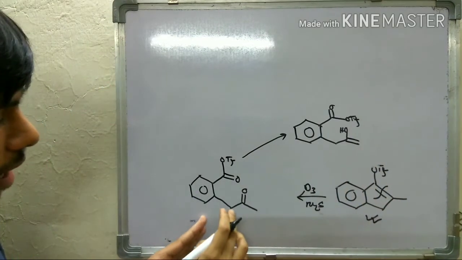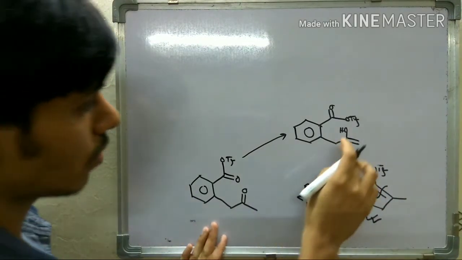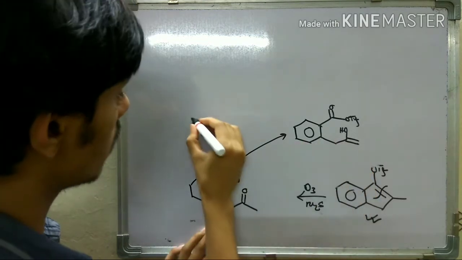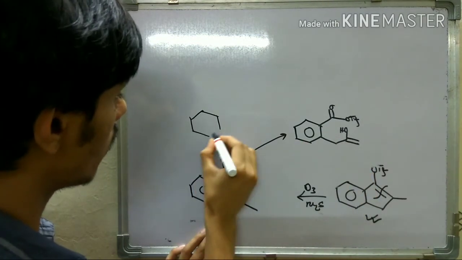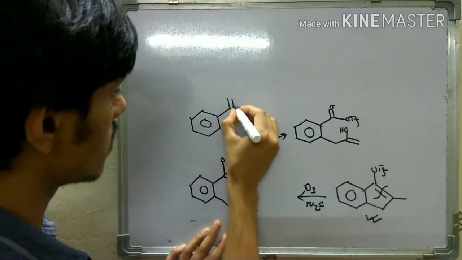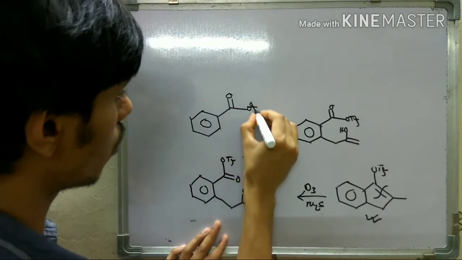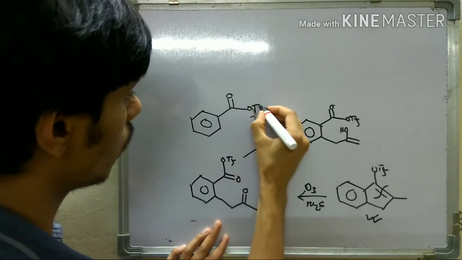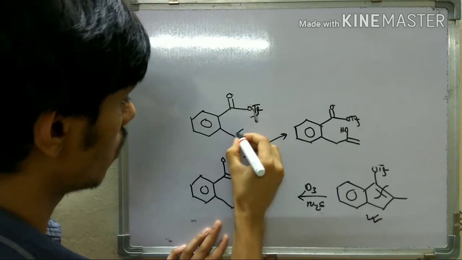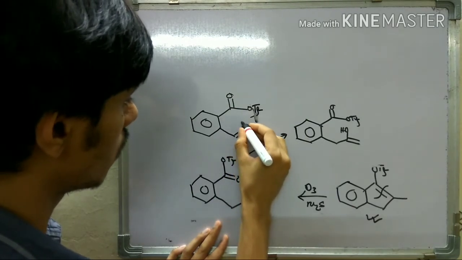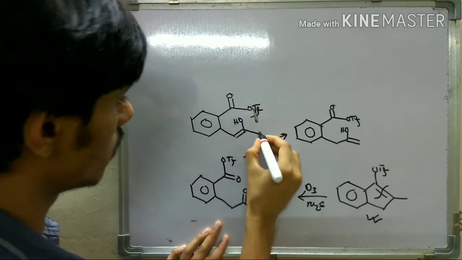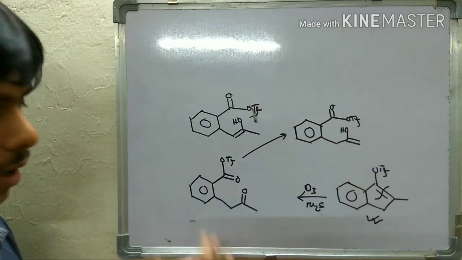Enolization can take place either from this side or this side. In this case it is not an enolate, because base is not given, so normal enolization will occur, giving the enol form. So either you can have this or you can have this. These two enols can be formed from this.